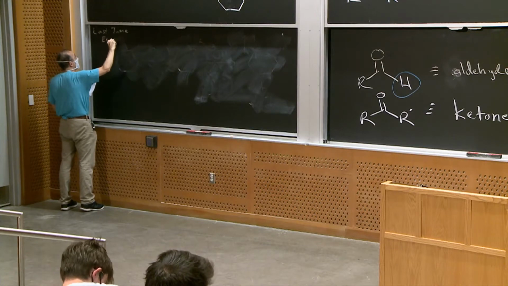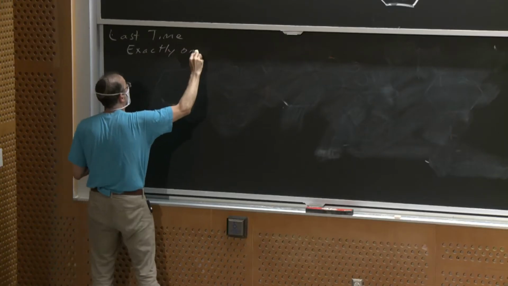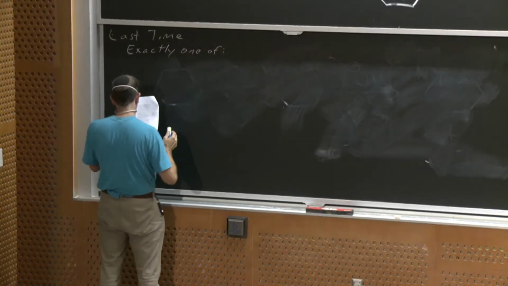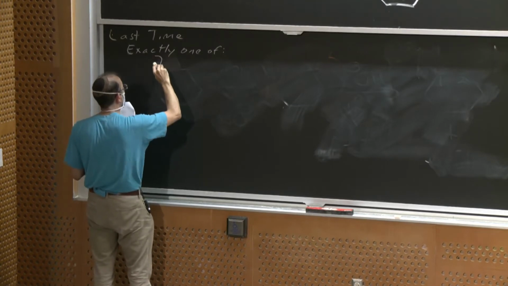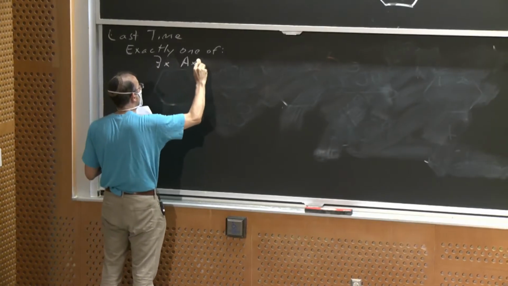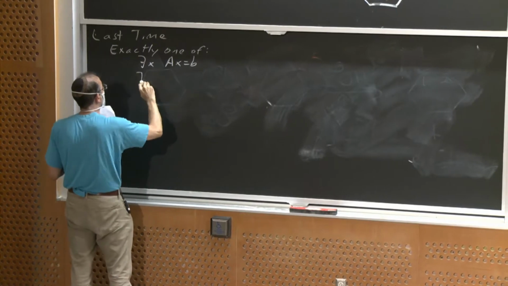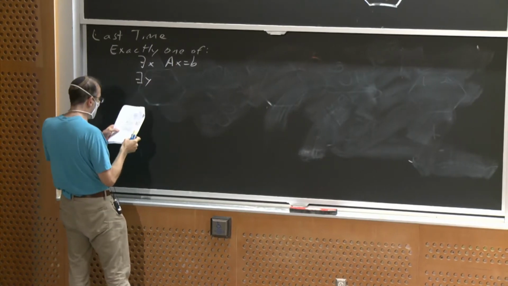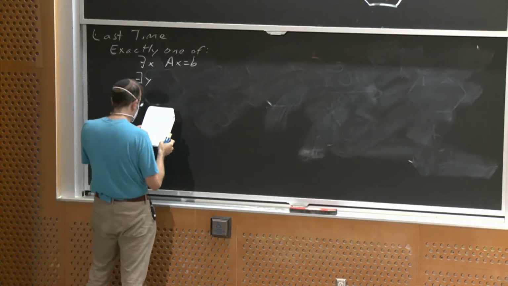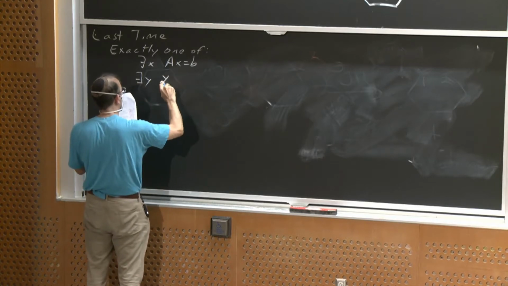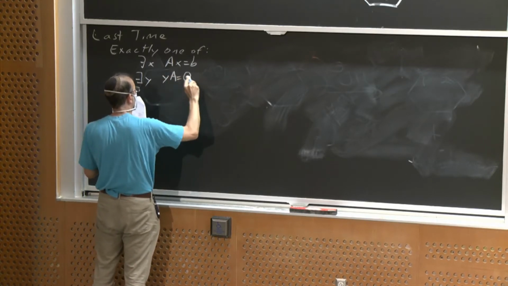Exactly one of the following holds. Either you can solve a linear system, or you can find a proof that you cannot solve the linear system.